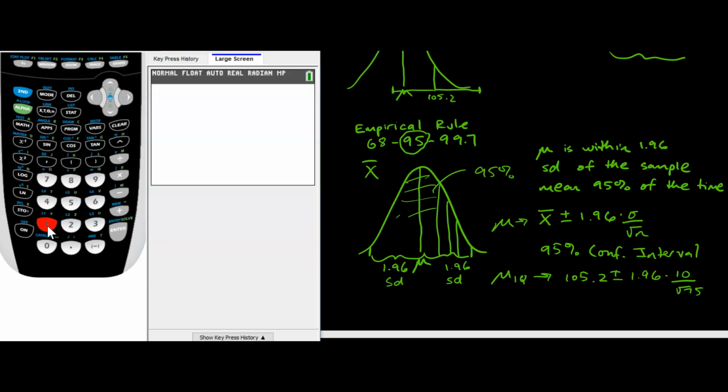So I'm going to do 105.2 plus 1.96 times 10 divided by the square root of 75. And that gives me, for an upper bound, 107.46.